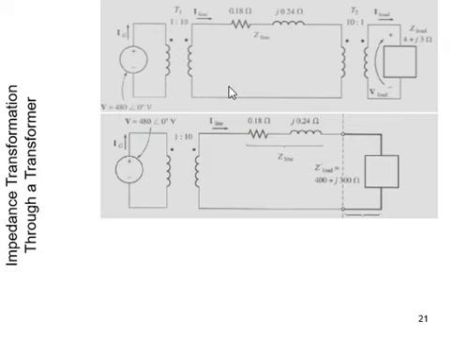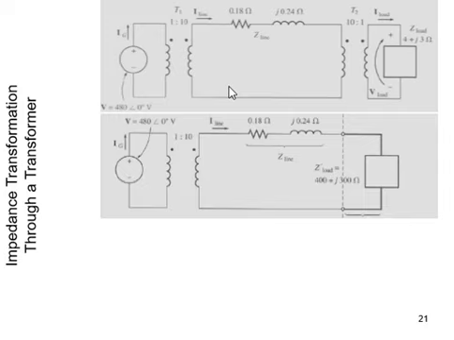But in the case of T2, transformer 2, the value of A is 10. So A square would be 100. So in this case, Z bar L would be 100 into 4 plus J3 ohm, which would become 400 plus J300 ohm.